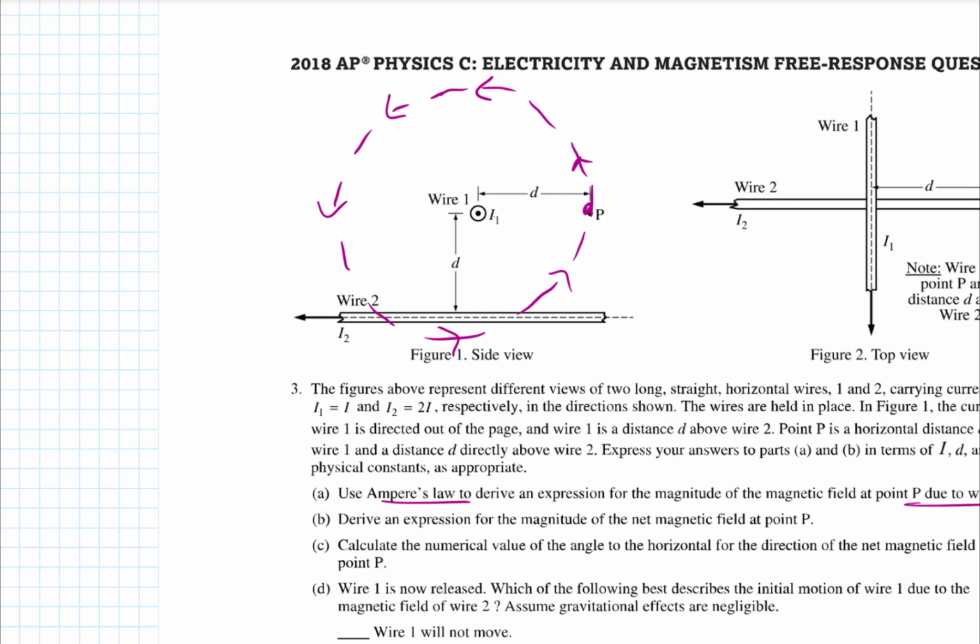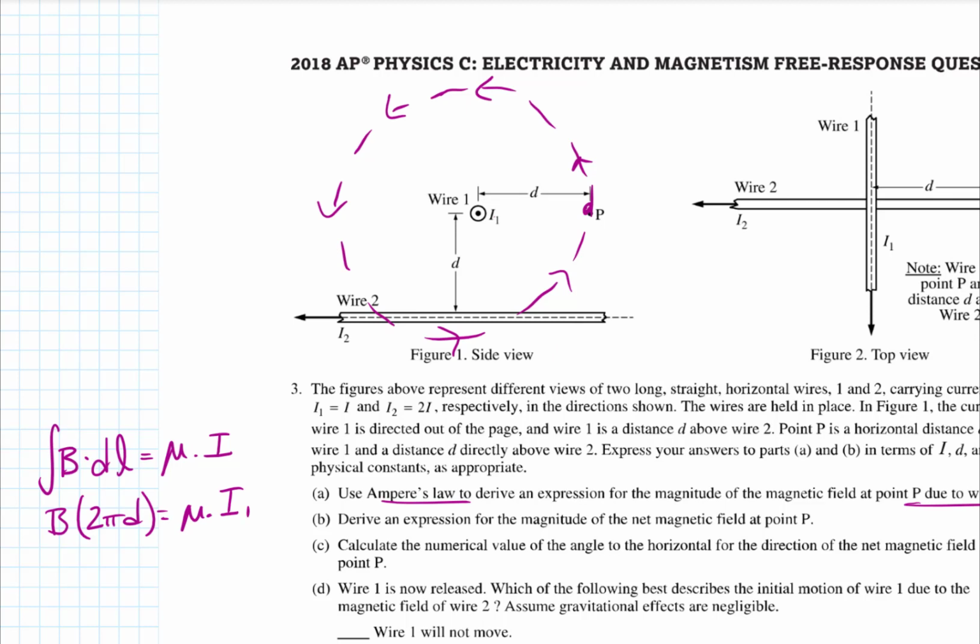And since it's Ampere's law, we should write down Ampere's law. The integral of B dot dl is equal to mu 0 times I enclosed. Now, since the magnetic field around wire 1 is going to be parallel to this Amperian loop the entire time, the magnetic field comes out, and it's just going to be the magnetic field times 2 pi d, that's the radius of that Amperian loop we used, is equal to mu 0 times I1.